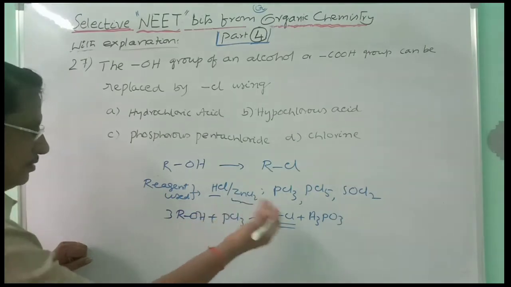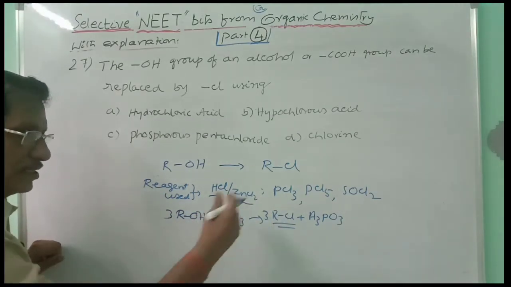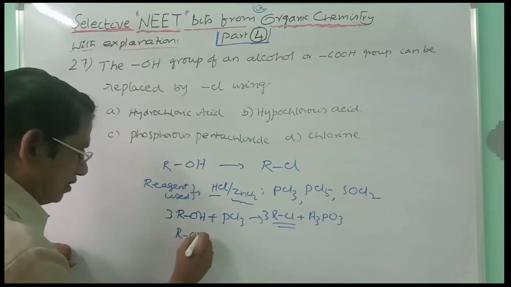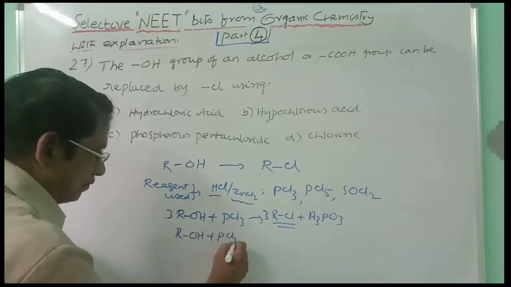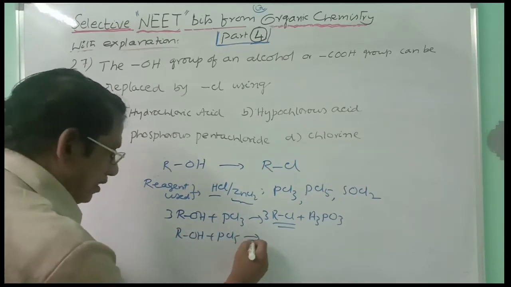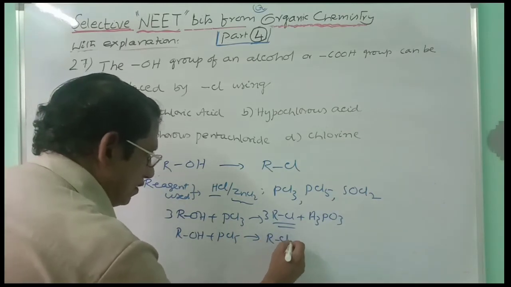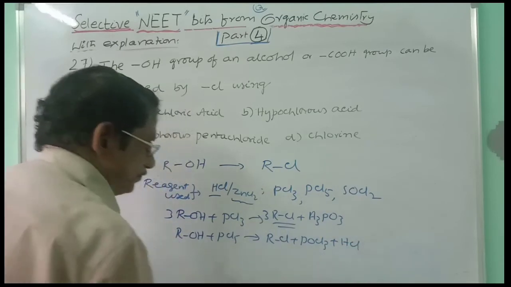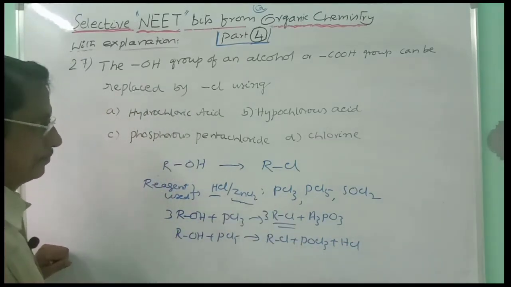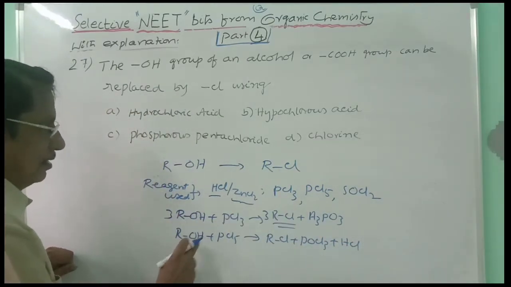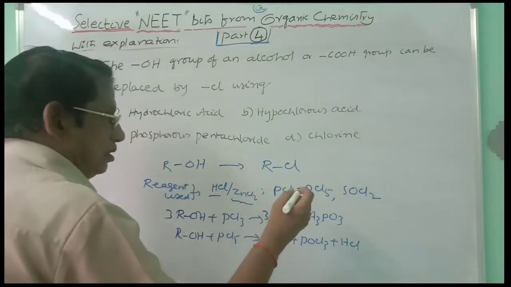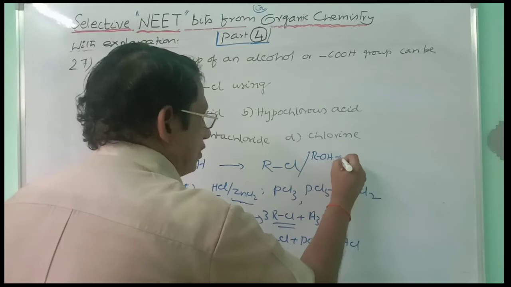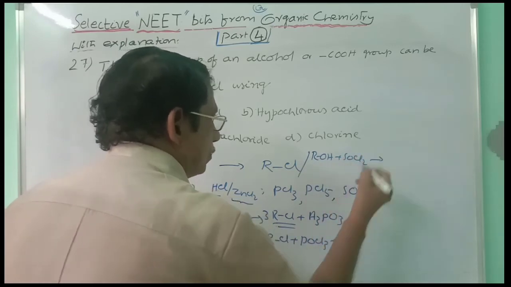Alcohol can be converted into alkyl halide, or acid can be converted into acid chloride. Similarly, you can take here ROH plus PCl5. You will get here RCl plus POCl3 plus HCl. This is the case here. In the last case, you can take here ROH plus SOCl2.